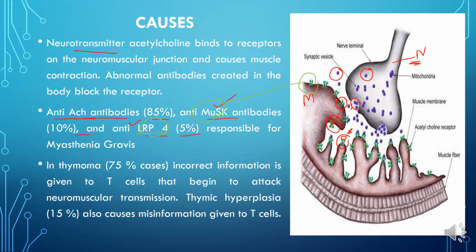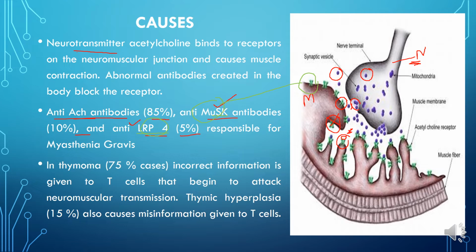So if there are antibodies against MuSK and LRP4, then there will be less synthesis of these receptors, and if there is a lesser amount of receptor, then with what will the acetylcholine bind?